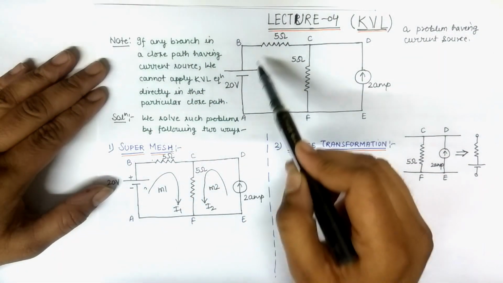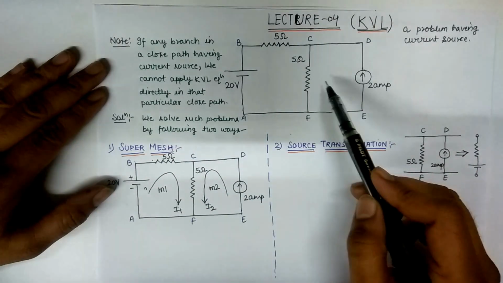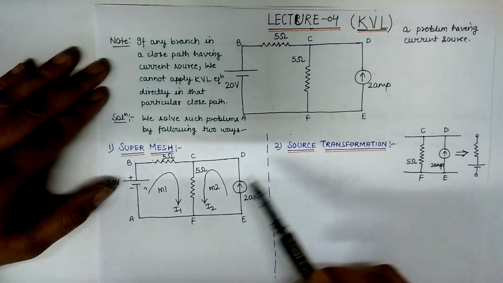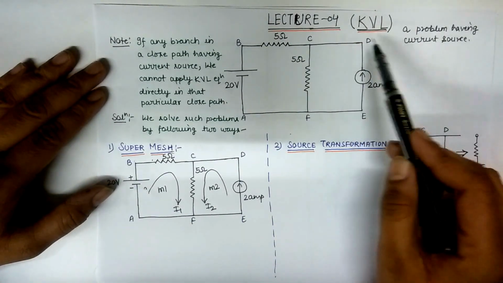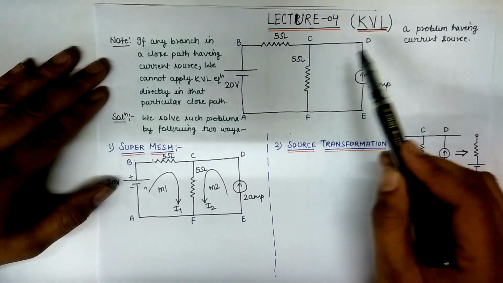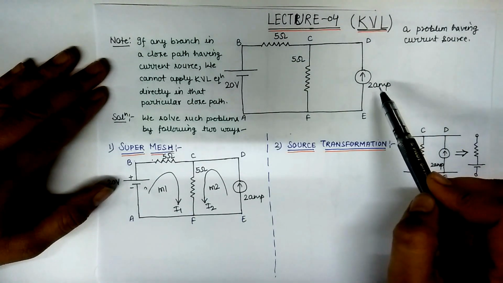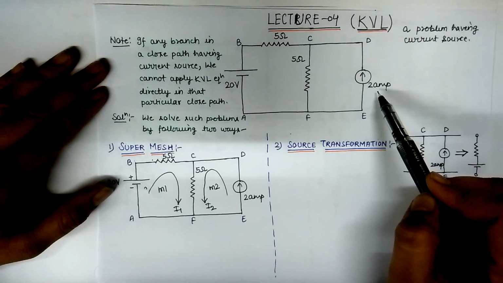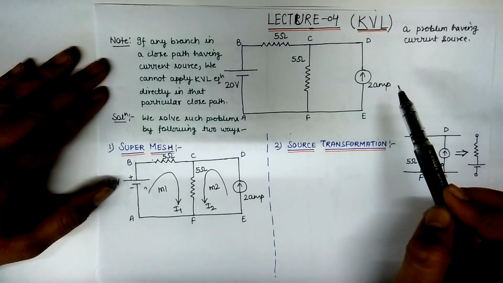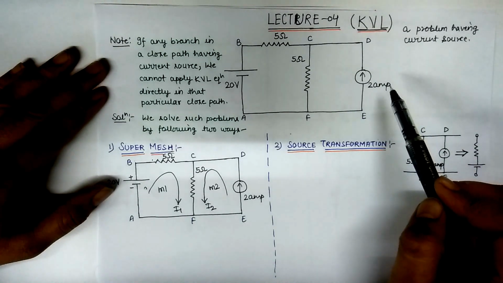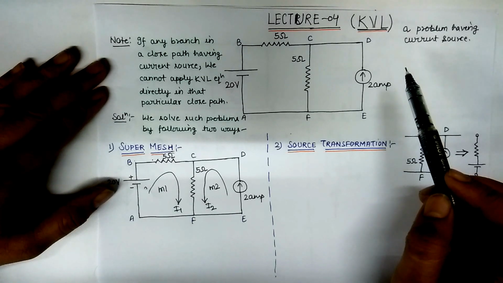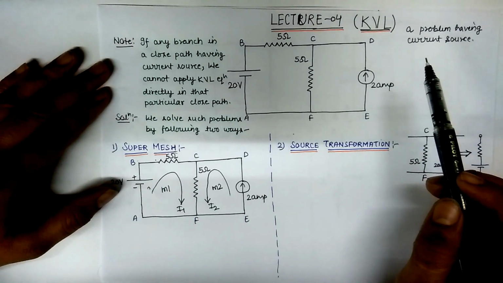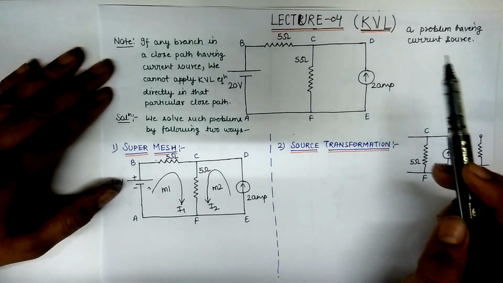This is a closed path M1, this is a closed path M2, but in M2, the branch CDEF has a 2 ampere current source. So we cannot apply KVL equation directly here. So the question is how to solve this question now.